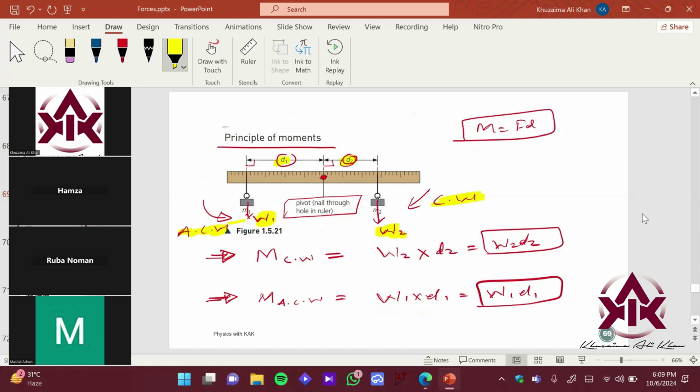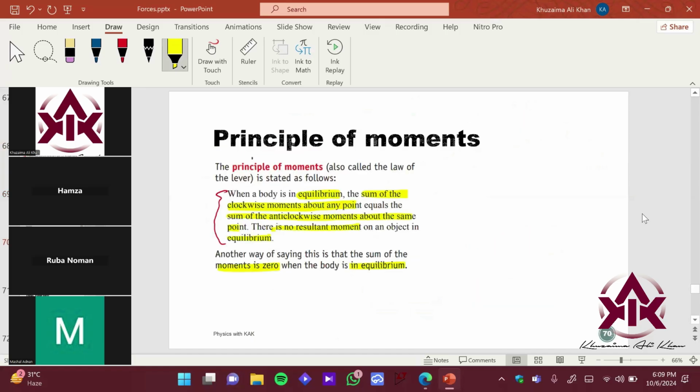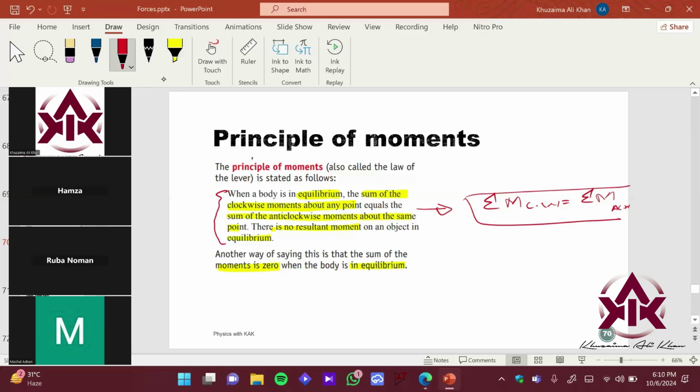Okay, no questions. So now, if I write this formula down mathematically, what does that mean? It means the sum of clockwise moments is equal to the sum of anti-clockwise moments.